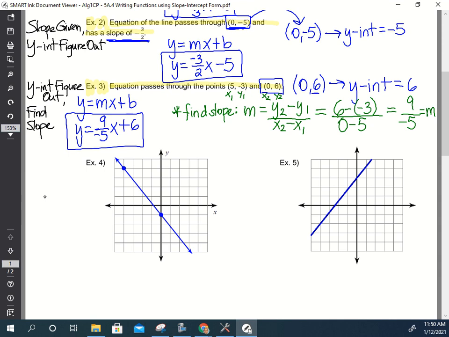So if we have a graph, what do we do to get the slope? It's 2 words, an R at the top and an R at the bottom. Rise over run. Ms. Scott, you are awesome. Rise over run.